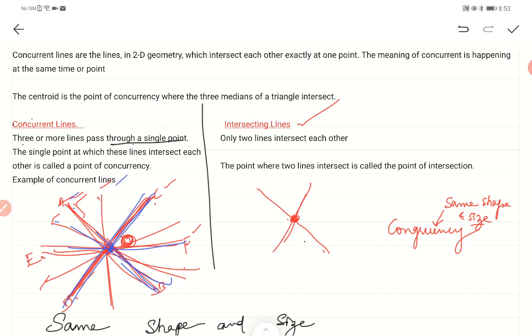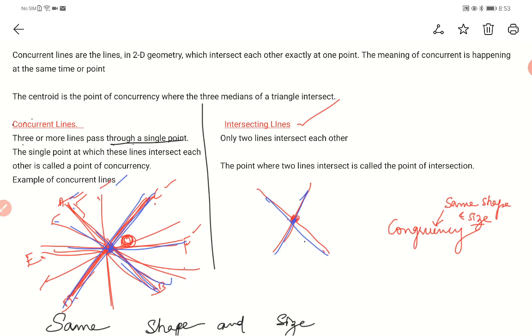Intersecting means only two lines are meeting at a single point. I hope this is pretty clear now, and you will not get confused whenever you hear about concurrent lines and congruent lines.